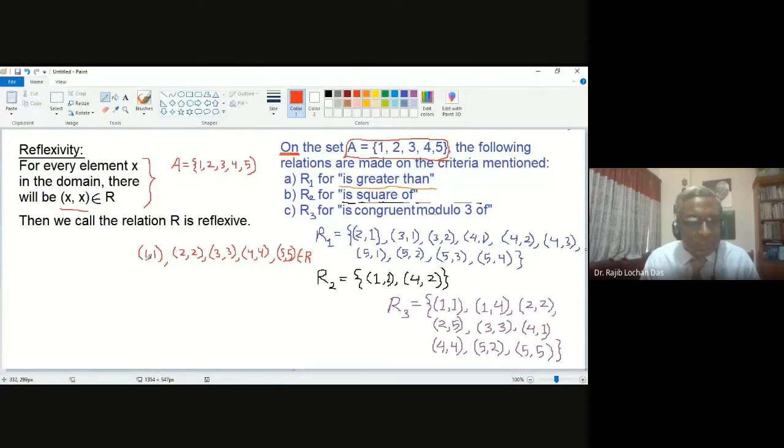If it is available for every one, then you can say the relation is reflexive.